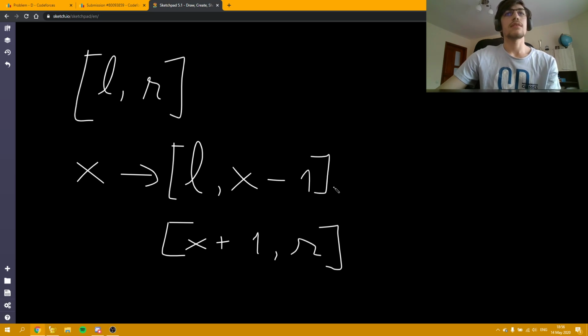How to implement this? Let's say we have some data structure which can tell us the length of the biggest range. In that data structure, we are going to pick the longest range, also respecting the other constraint that it has to be the leftmost.